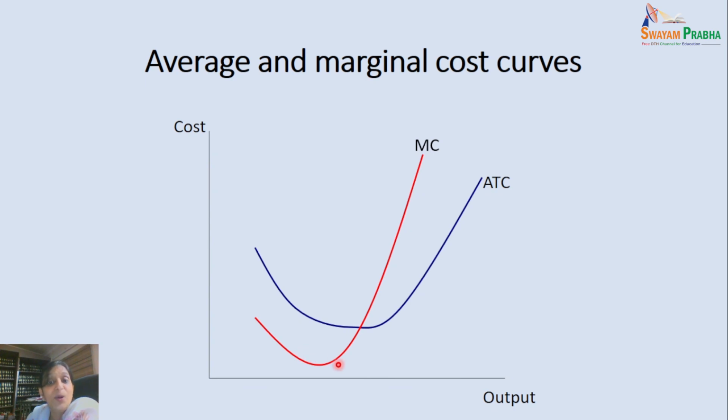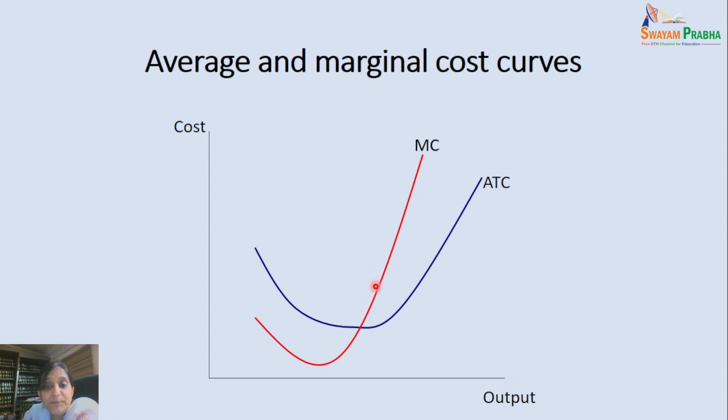Also, if you can visualize your law of variable proportions diagram, there we had seen the relationship between average product and marginal product. They were inverted U. So basically there we saw that marginal product becomes equal to average product at the highest point of average product.